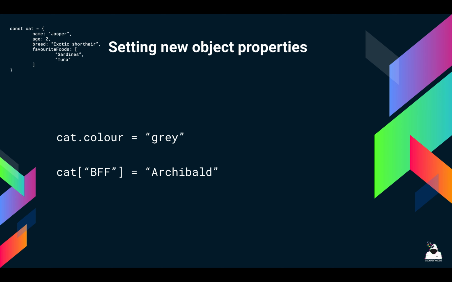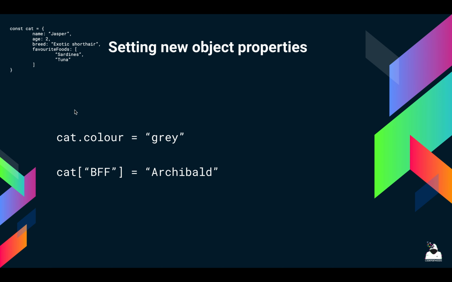Now, as well as just accessing object properties, we can set additional object properties. Because a constant variable cannot be reassigned, but it can actually change, this would still work. So we've got our constant variable of cat, but we're not changing the value of that variable, we're just changing the value of what's inside the collection that is that variable.